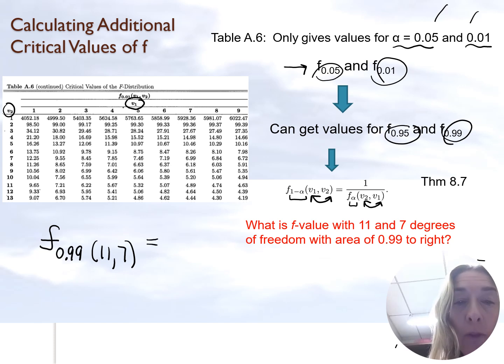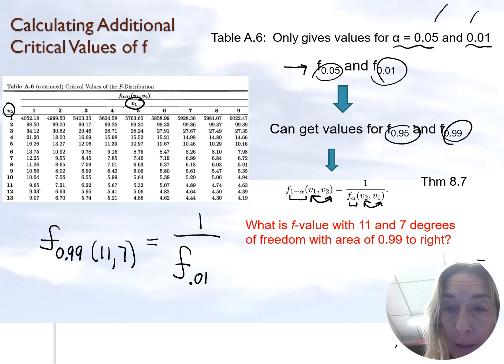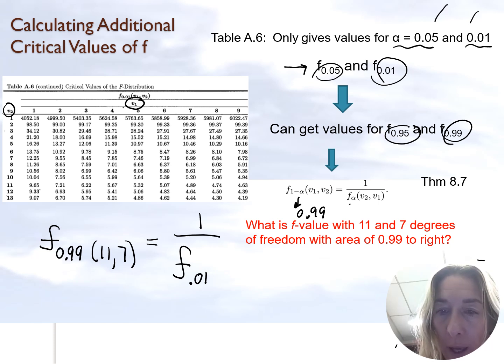That's going to be equal to the reciprocal of the F value having a complementary alpha subscript. Go back to our theorem here: if 1 minus alpha is 0.99, then alpha in the denominator is going to be 0.01.